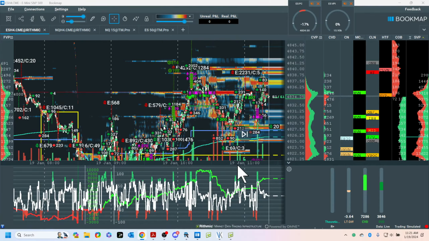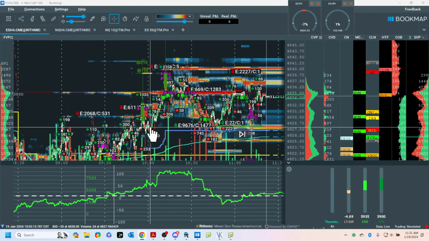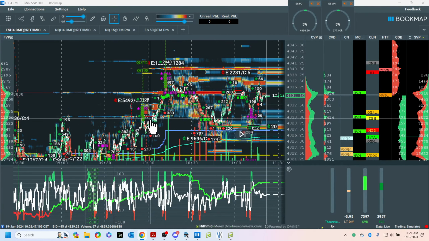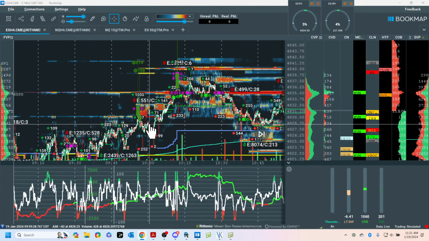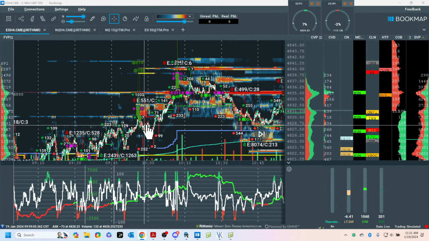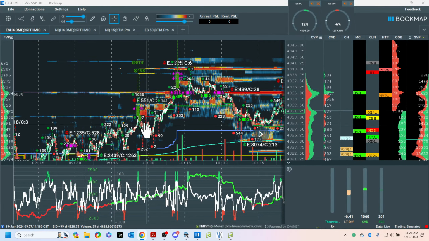Okay. Let's come back. So I was talking about the IB continuation trade, I think. Can't remember at this point. So when you have range extension, you pull back. This sets up a long in the Trader Lab. And this was a big sweep. Pull back.